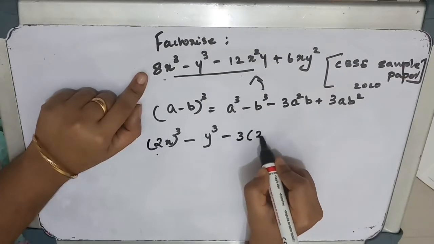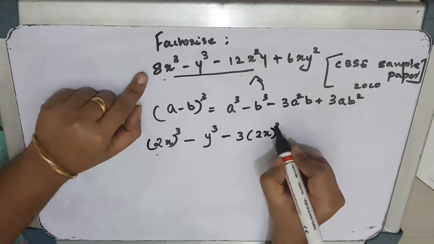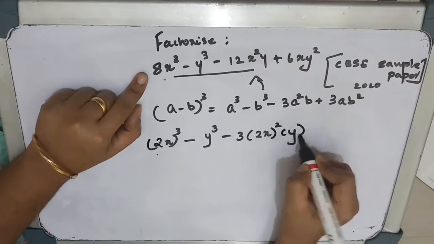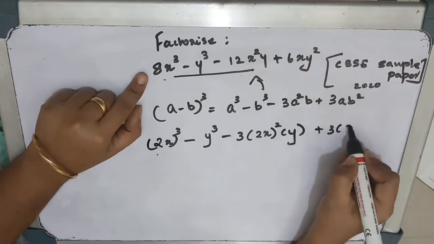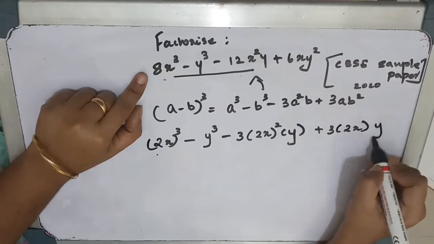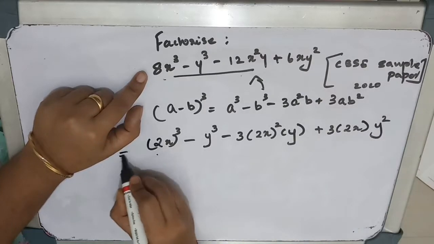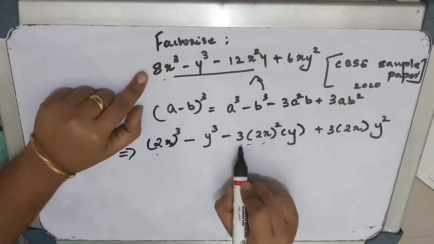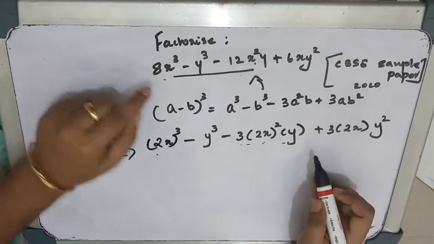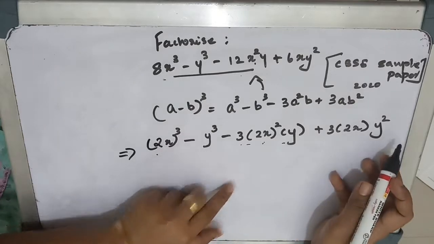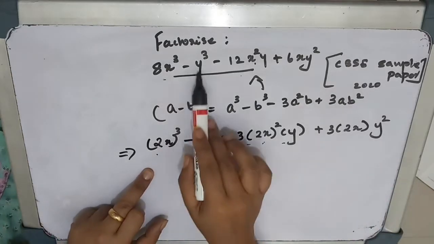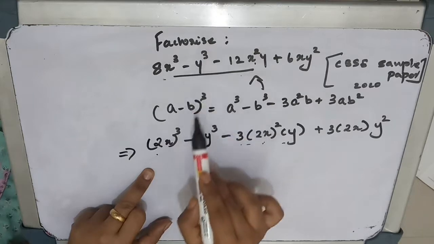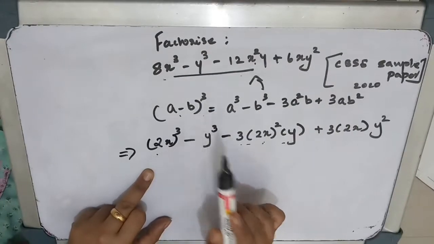A is 2x, so a square, b is y, plus 3ab square. So it will become 3 into 4, 12x square y, that is given here, and 6xy square. So this polynomial is given in the form of a minus b the whole cube.